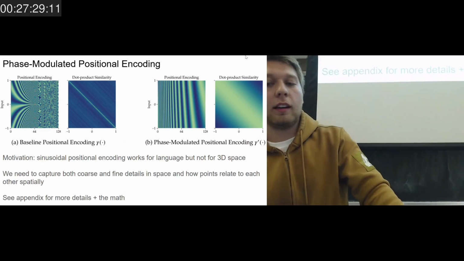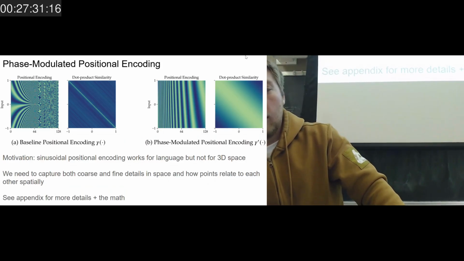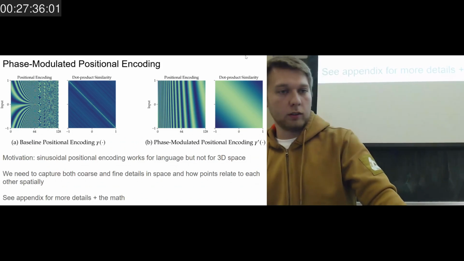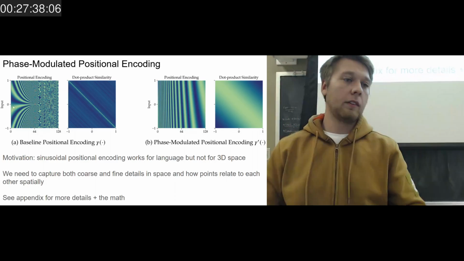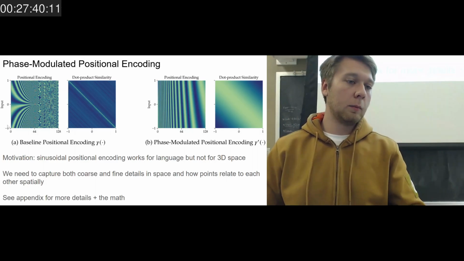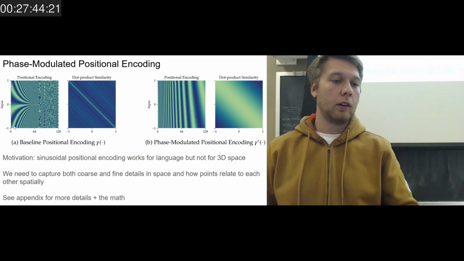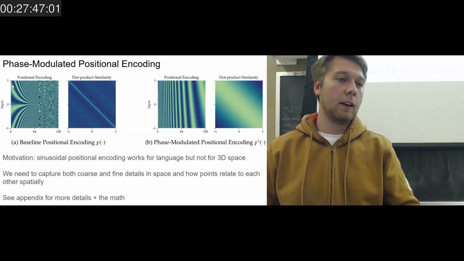So what they propose is taking the original positional encoding, which is on the left. If you're looking here, the input, -1 to 1 in 3D space, this could be the X, Y, or Z, whatever, and the 128 frequencies we looked at.